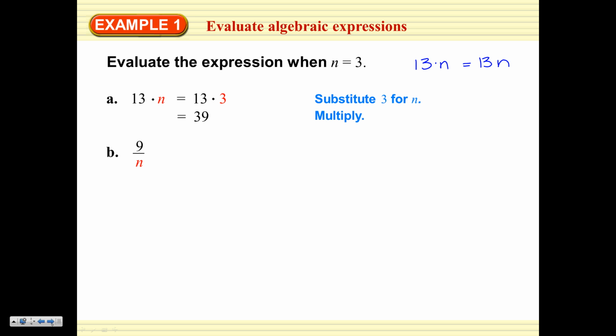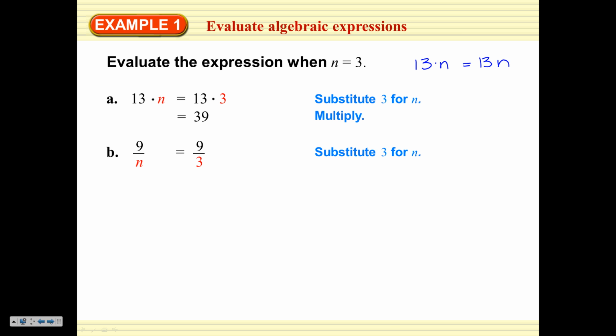Okay, the next expression is 9 divided by n. Just so you remember, all fractions are another way to write a division problem. So that technically is 9 over n, or 9 divided by n. Our n again is 3, so we substitute the 3 in for the n.